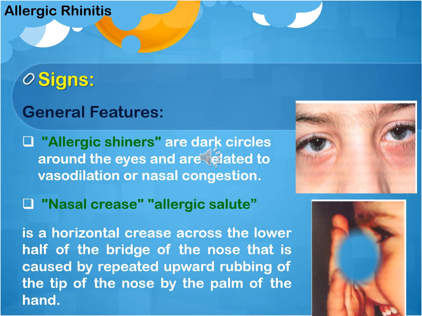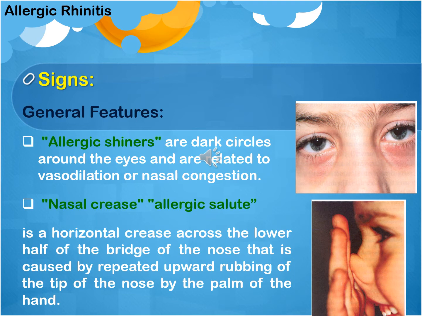Regarding the signs, we have general signs and local signs. General signs mean complexion. When you see the patient coming to your clinic, you can diagnose that he has an allergy by looking at his face. Two signs are very important in the face of an allergic patient.